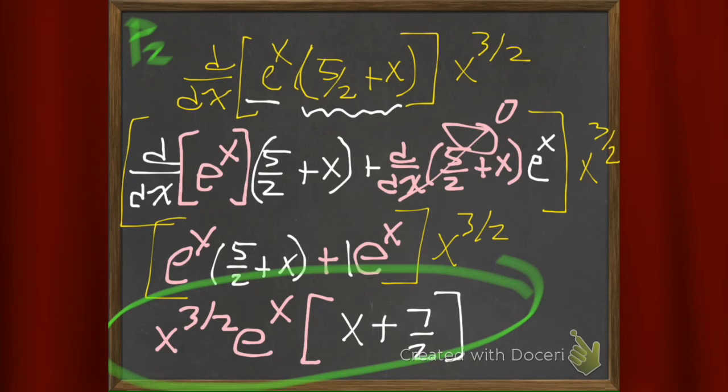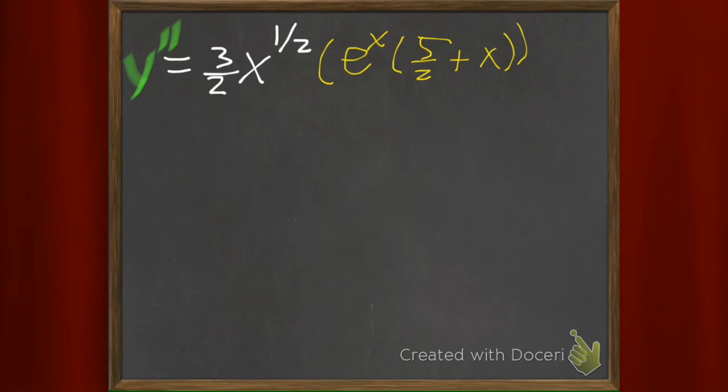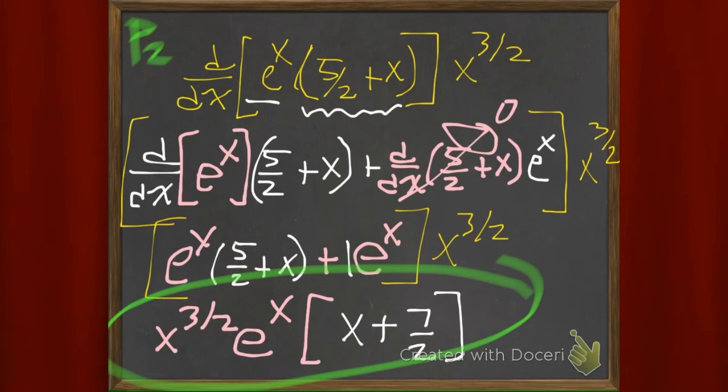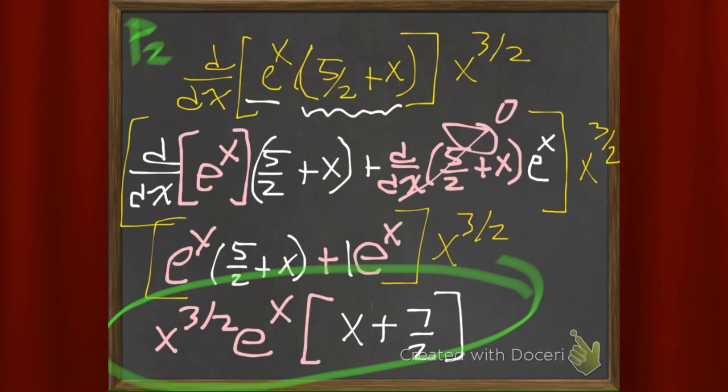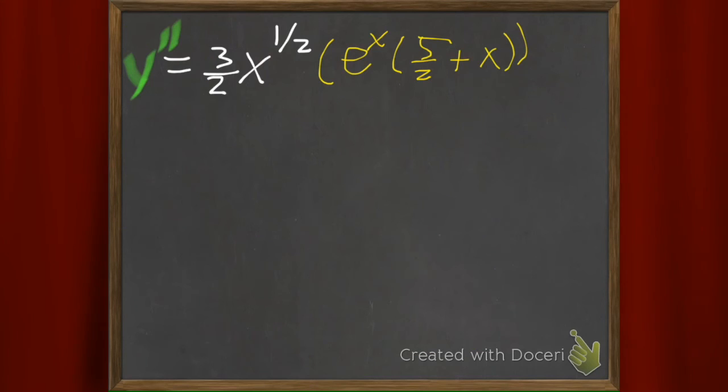I know that we're working on several panes. Yeah, that's right. So that's x to the 3 halves, e to the x, x plus 7 halves. And we're going to put that in here. That's plus x to the what?